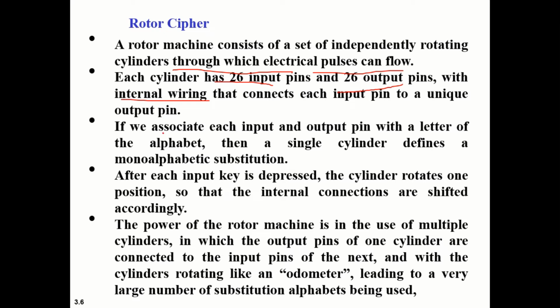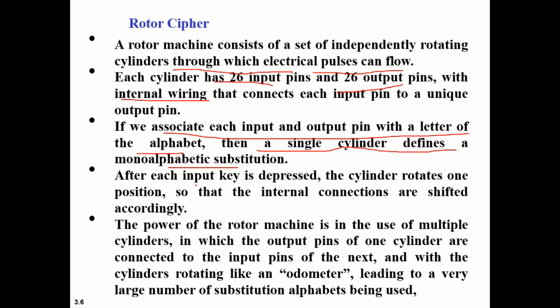Right, so if we associate each input and output pin with a letter of the alphabet, then a single cylinder defines a monoalphabetic substitution. That is the first case I was telling you. अगर सिर्फ एक ही सिलेंडर हम लोग यूज करते हैं जिसमें हर एक इनपुट एक आउटपुट से कनेक्टेड है, so that would be a case of monoalphabetic substitution.